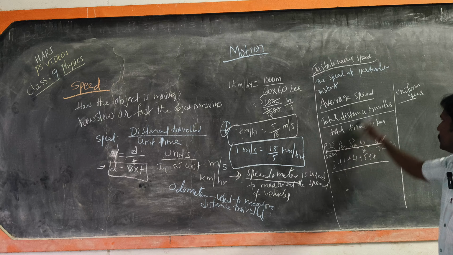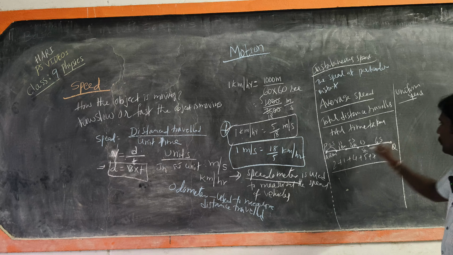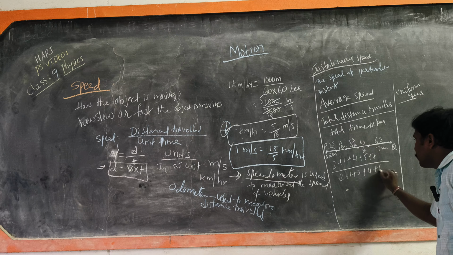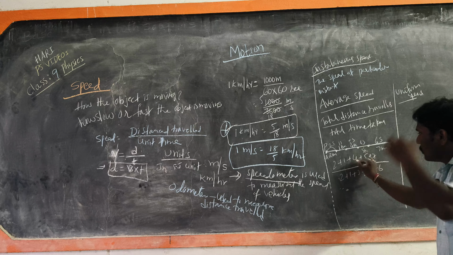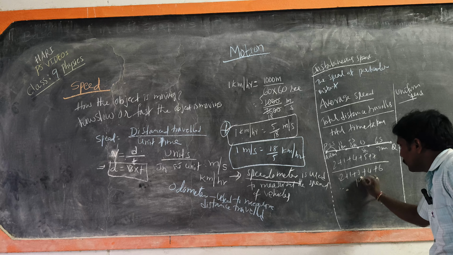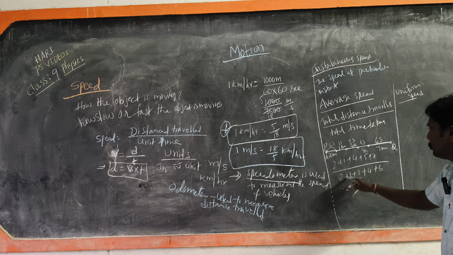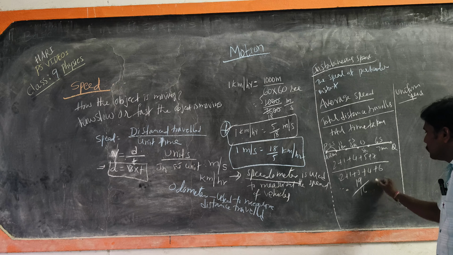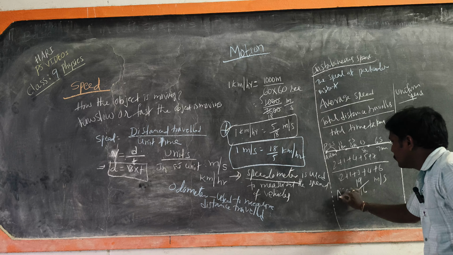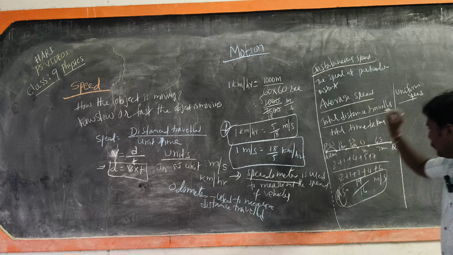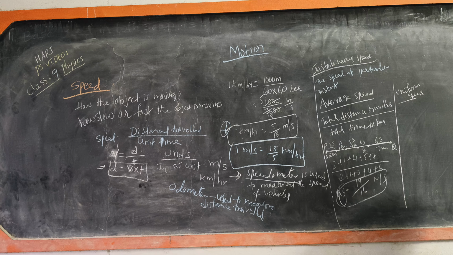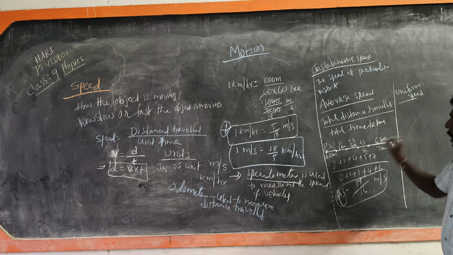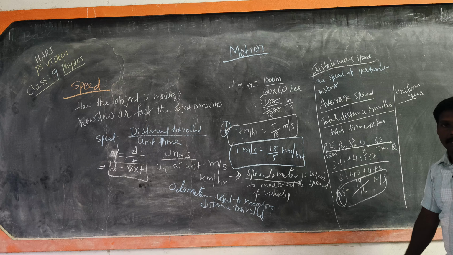Total distance by total time: 2 plus 1 plus 3 plus 4 plus 6 is 3, 7, 14, 19 for distance, and 2 plus 3, 6, 10, 16 for time. After simplification, average speed is equal to 19 by 16 meter per second.